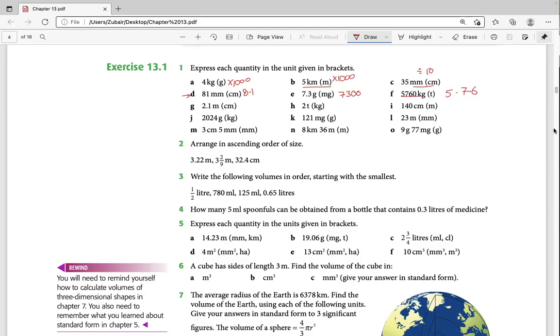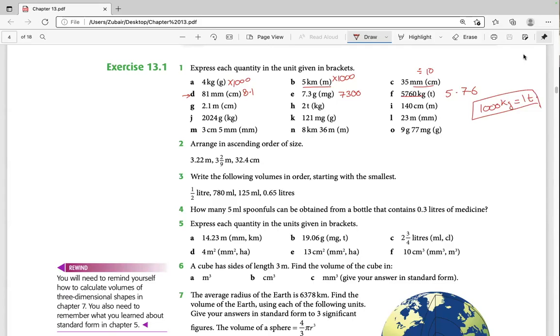But isn't tons larger? Tons is larger. We're converting from kg to ton, so we divide it. Divided by 1,000, right? Yes, tons is larger. Whenever we go on the upper side, we divide. 1000 kg is equal to 1 ton. Oh yeah.